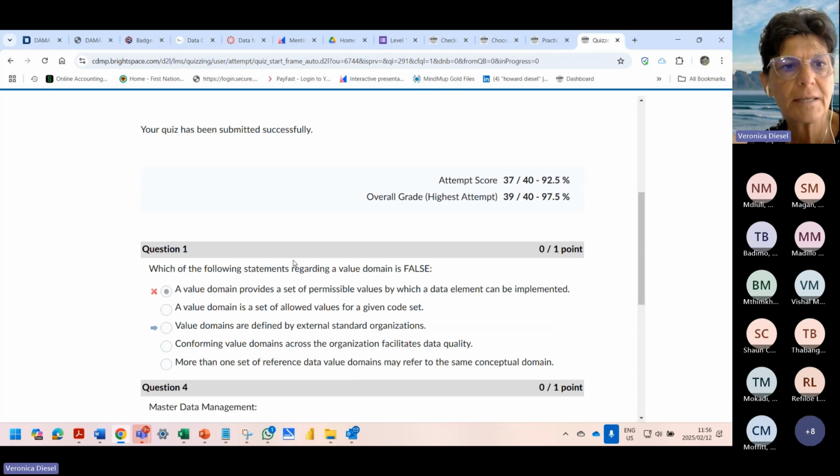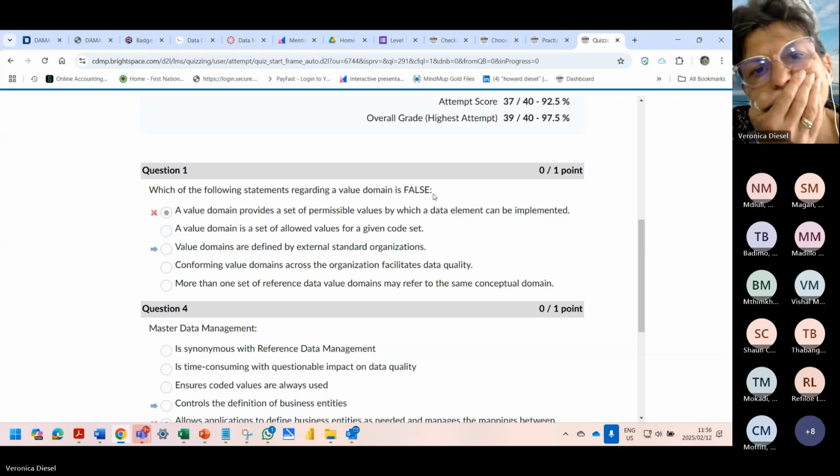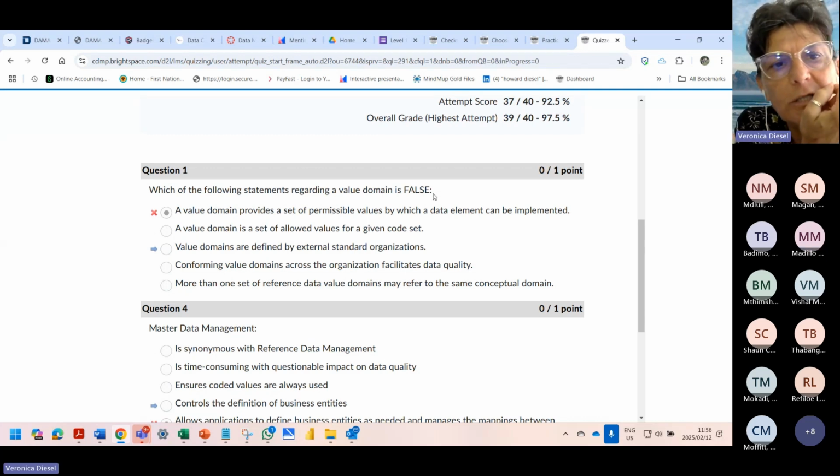Oh, so look here, it shows us just the wrong ones. Value domain, what? Oh gosh, look at this. I did not even read it properly, which is false. Just be careful. Value domains are defined by external standards organizations. Don't get caught with this.